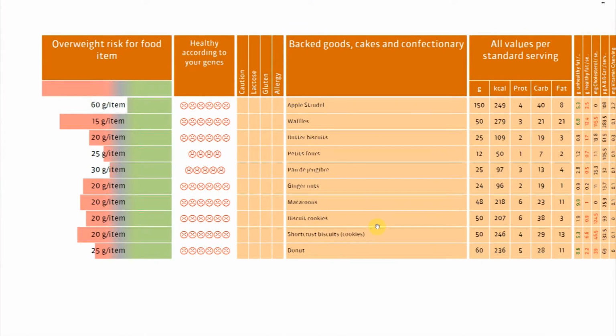Not very much, due to this person being sensitive to carbohydrates and waffles being rich in carbohydrates. Now, apple strudel, which is a kind of apple pie type, is a lot less of a problem because one item is 60 grams. So what this means is small and green bars are bigger portions for you, and large and red bars mean it's a very small portion for you.